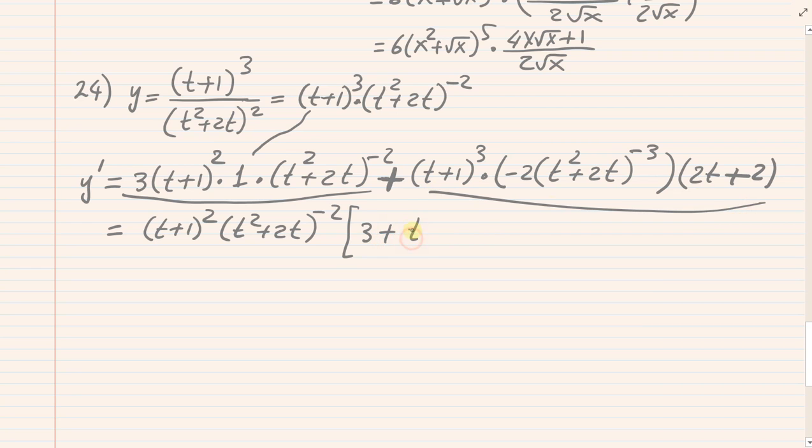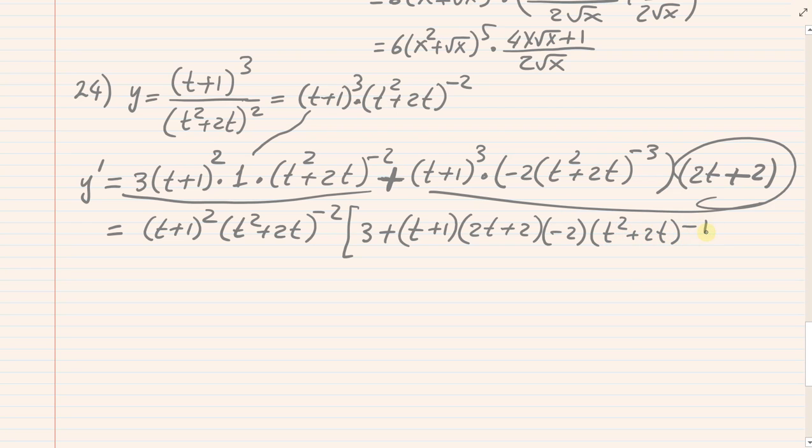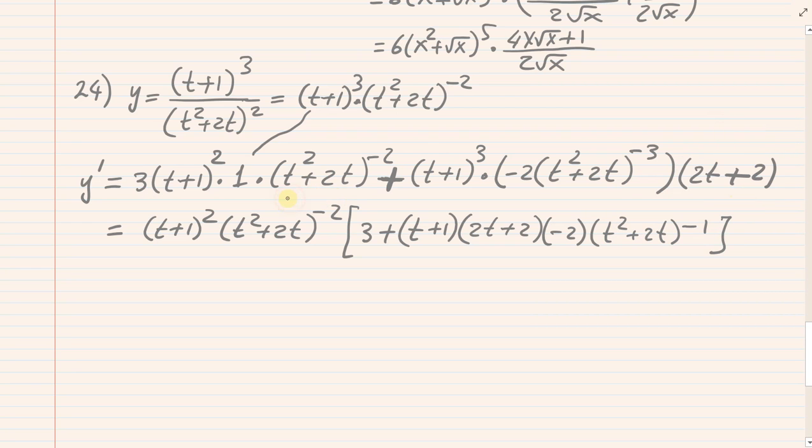Plus, there's a t plus 1 here, times 2t plus 2, this part, and then times negative 2 times (t squared plus 2t) to negative 1. That's all that remains from the other side. Just to make sure, let me pause and make sure this looks right. Good, I'll be back.